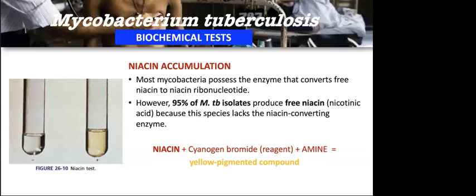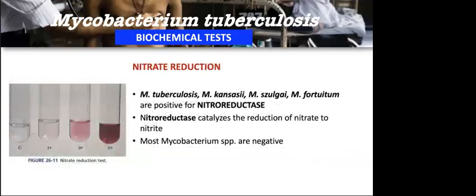So nicotinic acid accumulates since they have no enzyme to break it down. Niacin plus the reagent, plus an amine present in the media, would create a yellow pigmented compound. So when it turns yellow, that is positive for niacin accumulation. Mycobacterium tuberculosis is positive for niacin accumulation.